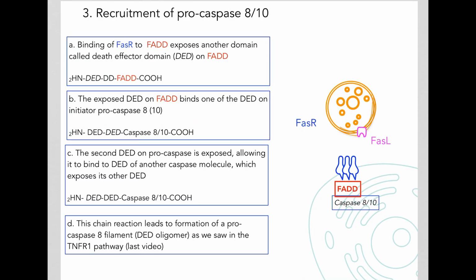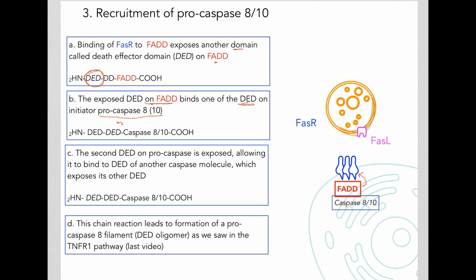So once this FADD is bound to the Fas receptor, that interaction also exposes another domain on FADD, and that's called the DD domain. Now the exposed DD domain on FADD will bind the DD present on the pro-caspase 8 or 10.